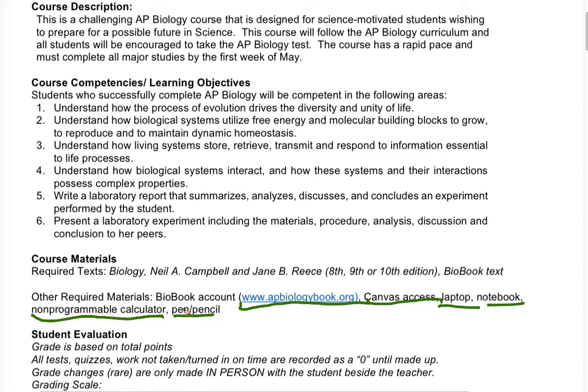You'll need a pen or pencil to write with. You'll also have to have an active BioBook account, or you won't be able to take your online quizzes and tests. So that's also kind of important. We'll set those up in class on the first couple of days of school, so you'll be all ready to go.